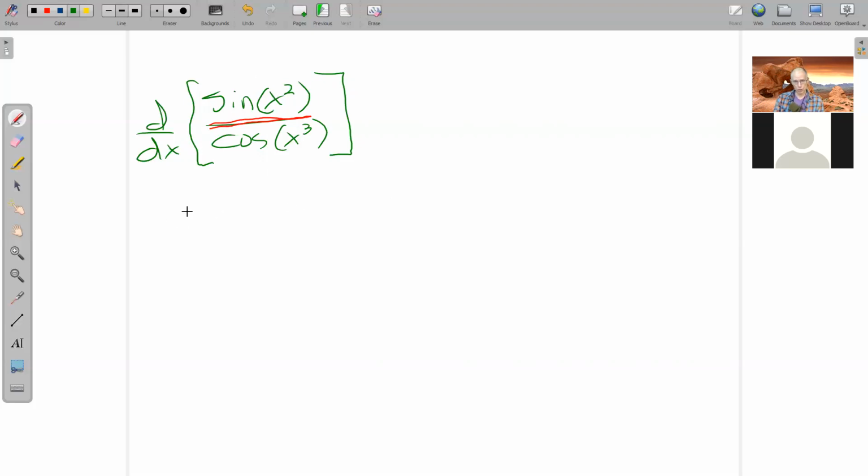So the quotient rule says take the derivative of the top function. So I'm just going to write derivative of the top function multiply by the bottom function, minus, leave the top function alone, and multiply by the derivative of the bottom function.